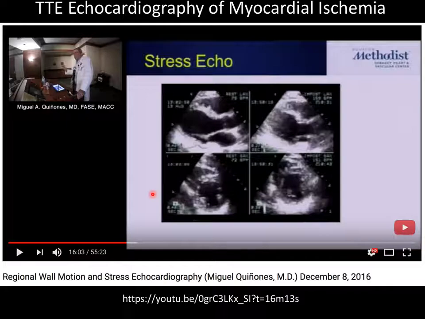You need to do it in a center that is good at doing stress echocardiography, because you need a good tech, you need the appropriate drug regimen for generating the stress, and you need really experienced physicians to read the side-by-side echocardiograms.